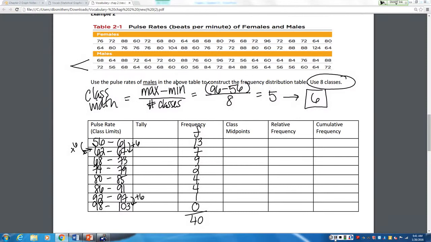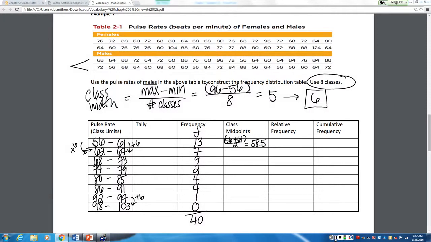Class midpoint. What did you do? You should have took that 56 plus the 61 and you should have divided by 2. That should give you 58.5 for the very first one, right? Now, you could do that all the way down. That's just fine. Or, remember, you can add what going down?